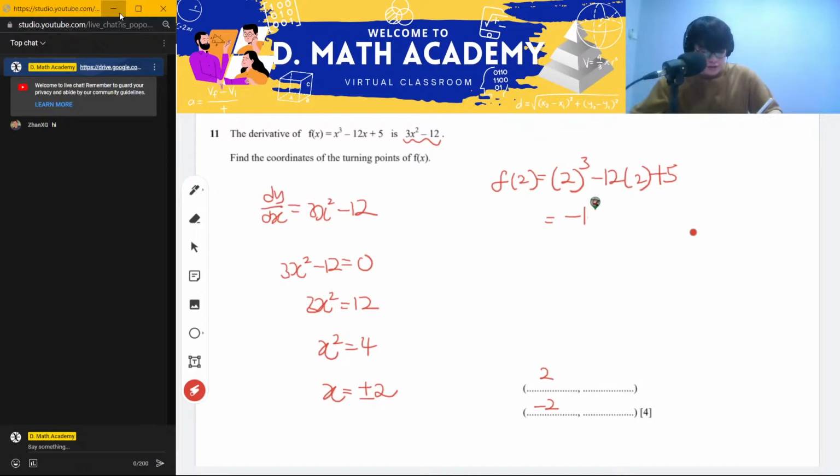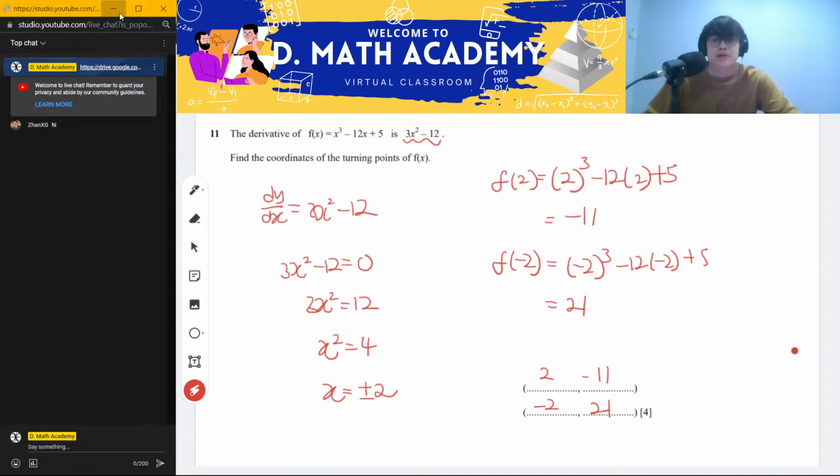Your first turning point here is 11 when x is 2. And for the other one, when x is negative 2, you should end up with 21. This is how you identify your turning points for this particular question here.